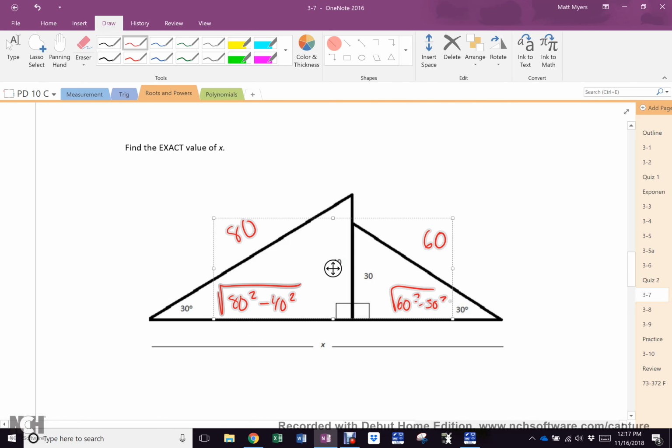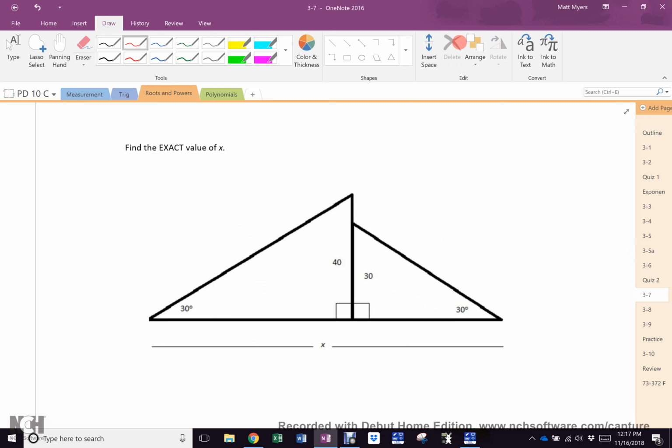A bunch of you noticed that there are right angle triangles here, which means you probably need to do trig. Which means on this side you have a theta, which equaled 30, and you had an opposite, which equaled 40, right? Now, you could have done something here, correct? You could have done tan, yeah?